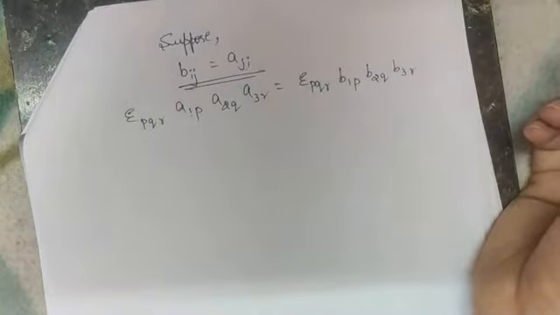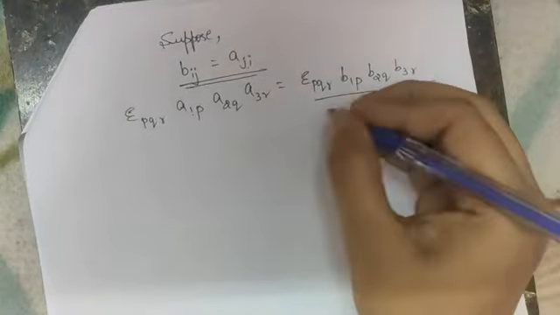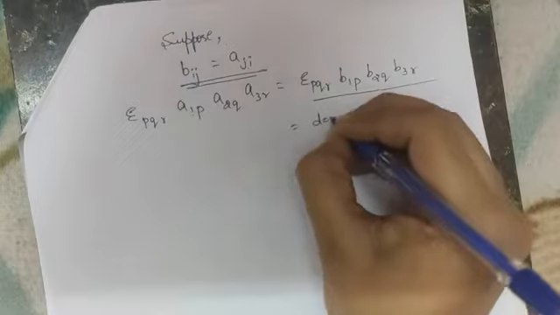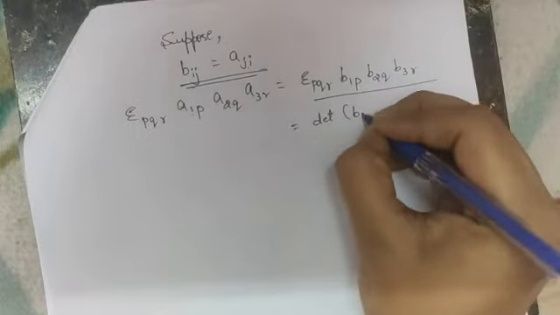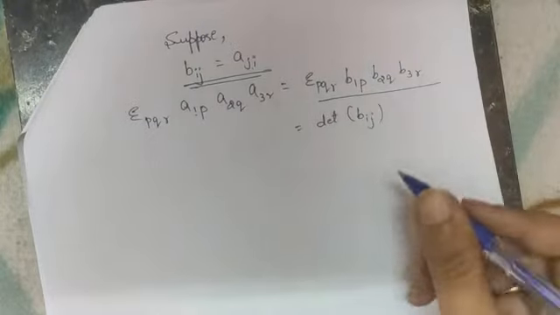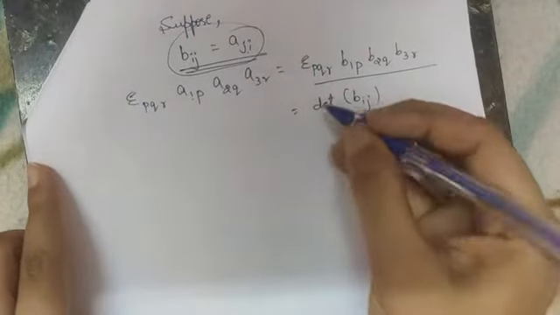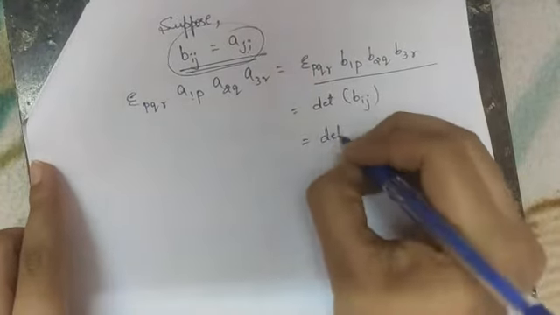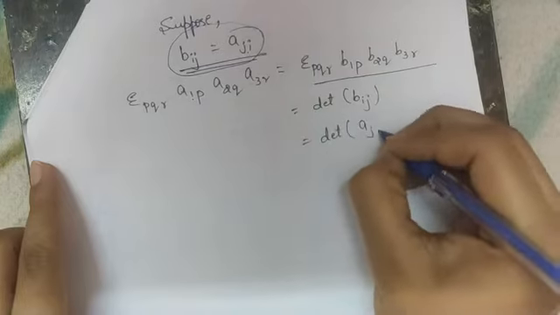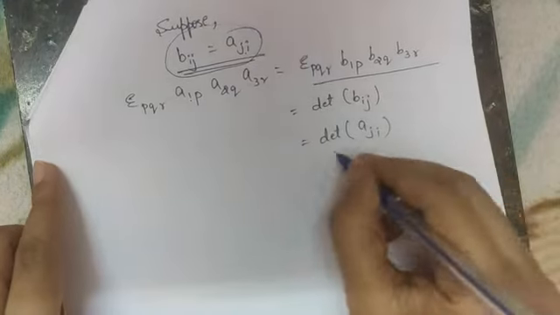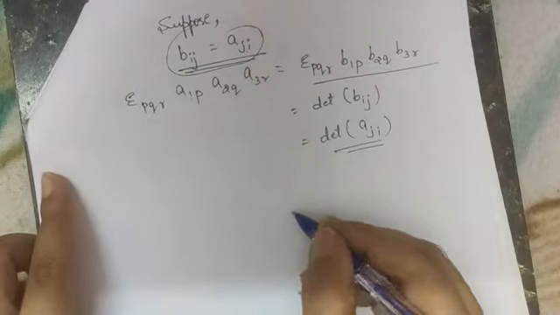So using your equality 1, this is nothing but the determinant of Bij. But what we have assumed is that Bij is equal to Aji. So this is nothing but the determinant of Aji. What is the determinant of Aji?